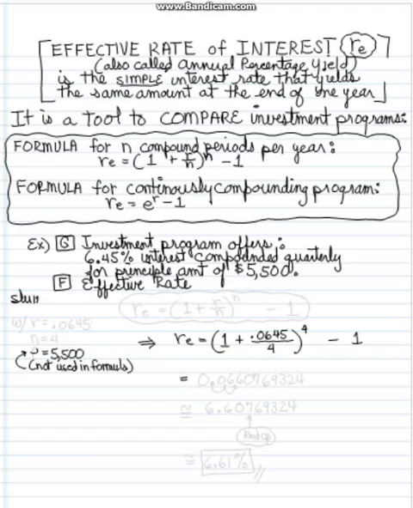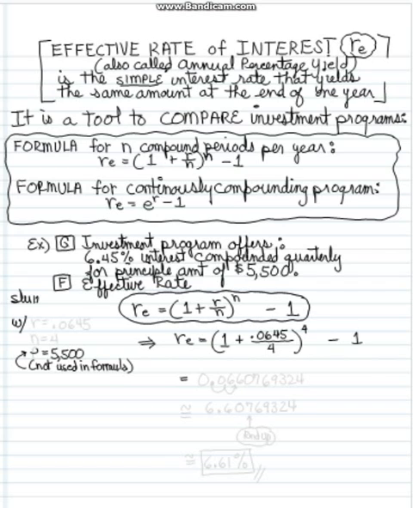Okay, let's plug our values in. R sub E, the effective rate of interest, is equal to parenthesis 1 plus R, which is 0.0645.